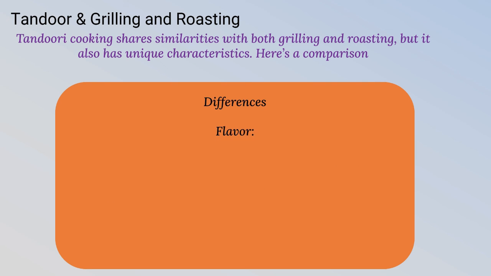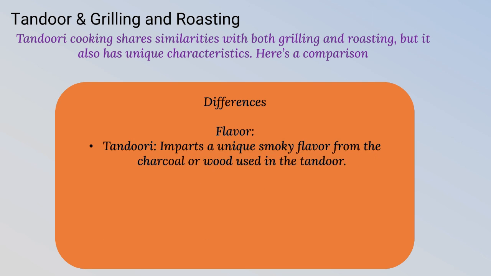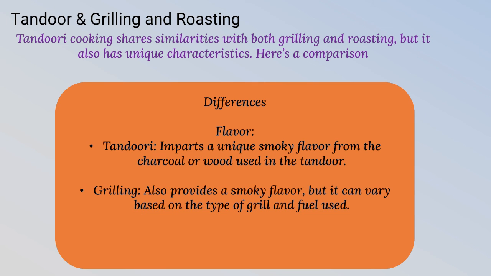Some more differences in terms of flavor. In case of tandoori dishes, it imparts a unique smoky flavor, as we have mentioned, as we are using charcoal or wood. In case of grilling, it also provides a smoky flavor, but it can vary based on the type of grill and fuel used. Depending on that, the flavor will change.